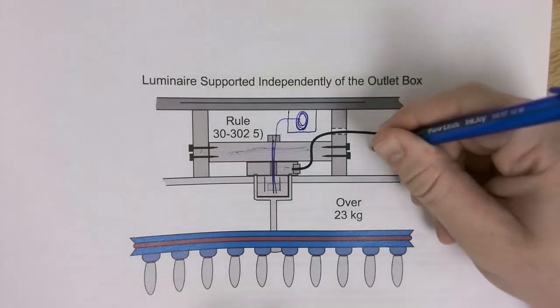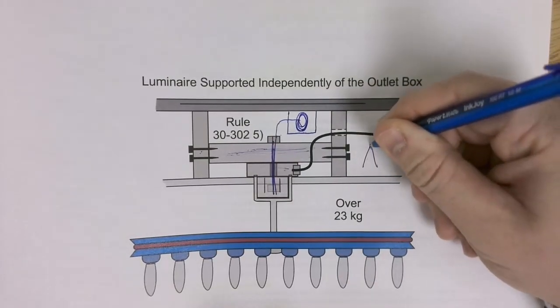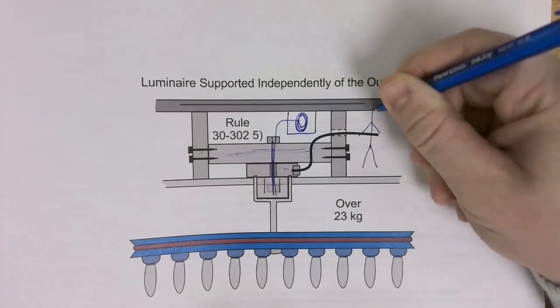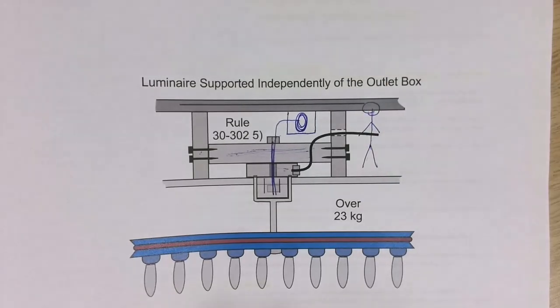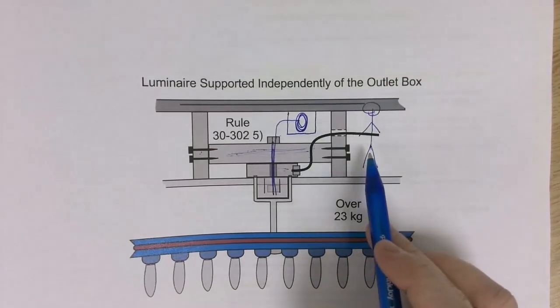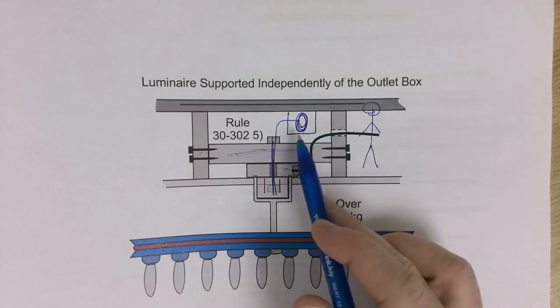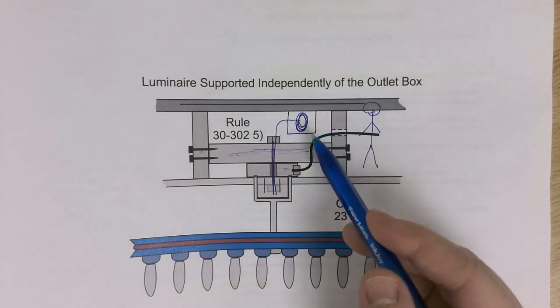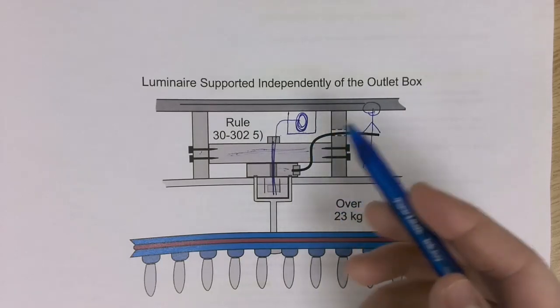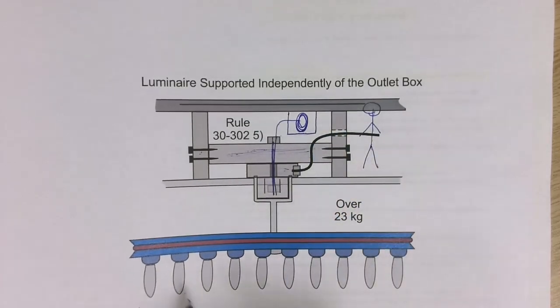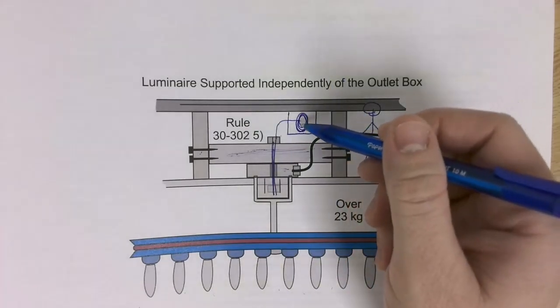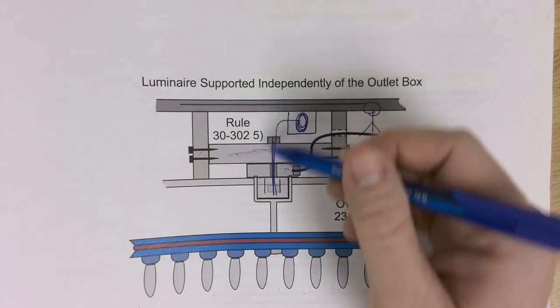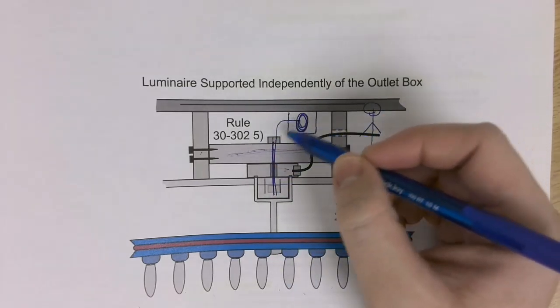And I was the poor, unfortunate apprentice who had to crawl through the ceiling with this winch and put it in place. Obviously they had some extra cable, because to change the lamps of that chandelier, as the winch lowered the chandelier, the conductor would have to go with it.